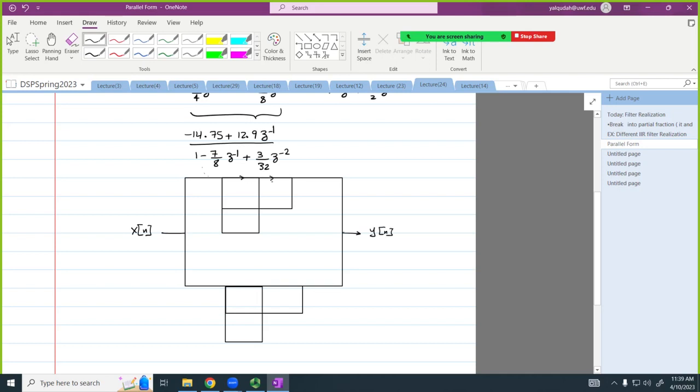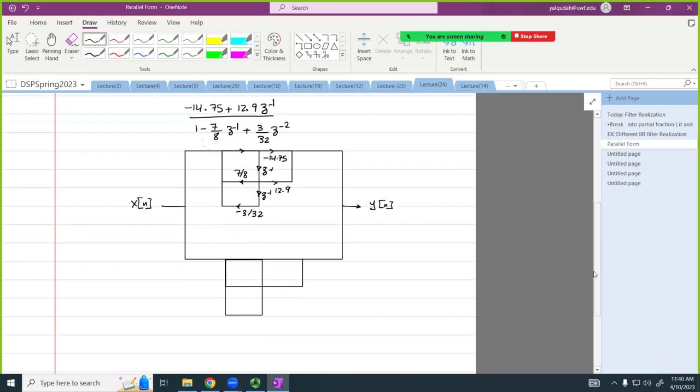This is 1. This is negative 14.75. This is 12.9. This is z negative 1, z negative 1. Negative 3 over 32. 7 over 8. And from the second term, we have 24.75, 2.34, z negative 1, z negative 1, and we have a 1 and minus 1/2.